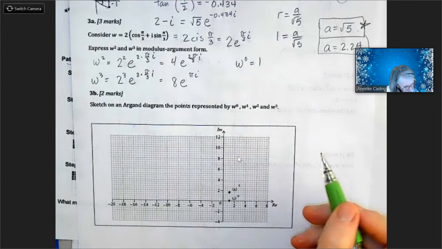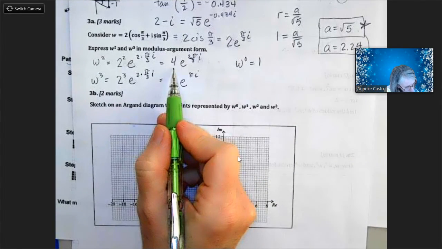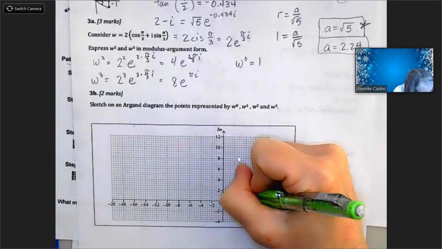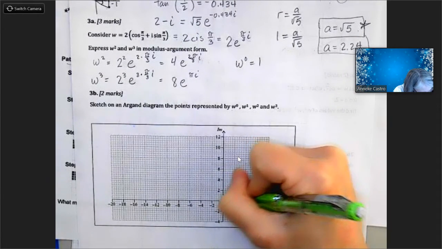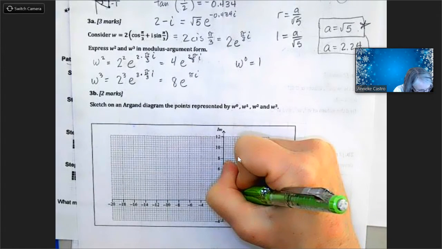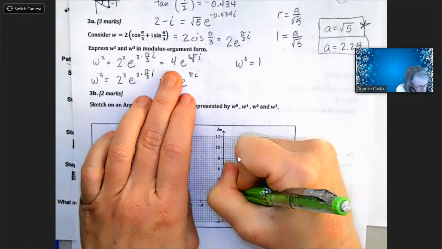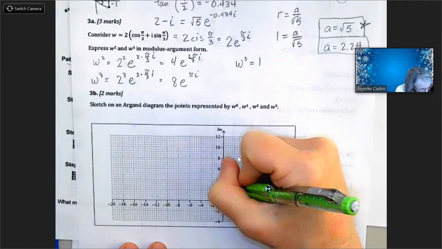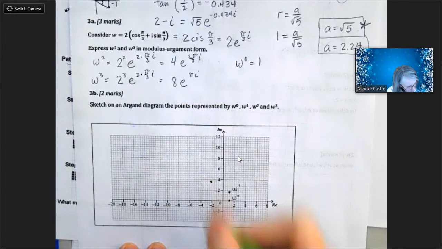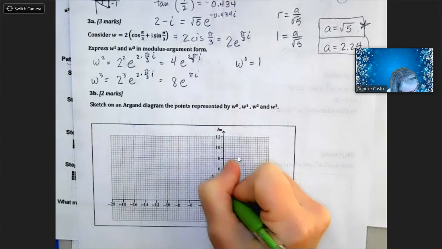And then the next one, w squared, is 4e to the 2 pi over 3. So 2/3 pi would be twice that rotation, probably around here, and it's going to have a magnitude twice as big, so maybe around here. Okay, so that would be w squared.